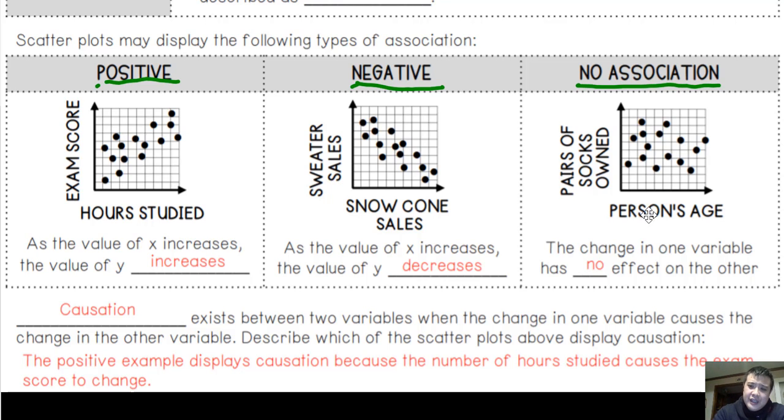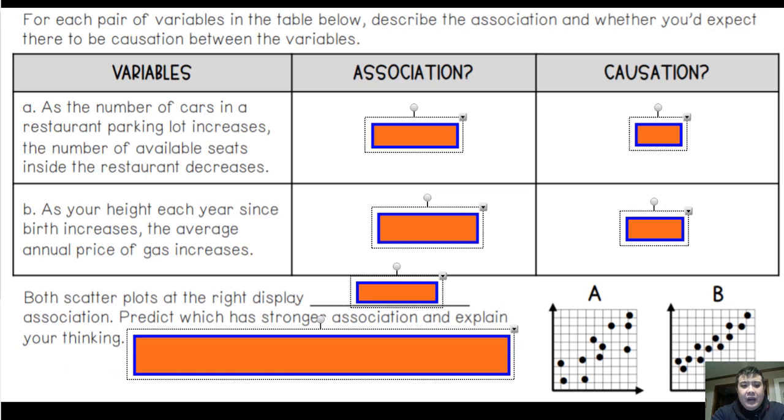And there's no reason to think a person's age affects pairs of socks owned. For each pair of variables in the table below, describe the association and whether you expect there to be causation between the variables. As the number of cars in a restaurant parking lot increases, the number of available seats inside the restaurant decreases.